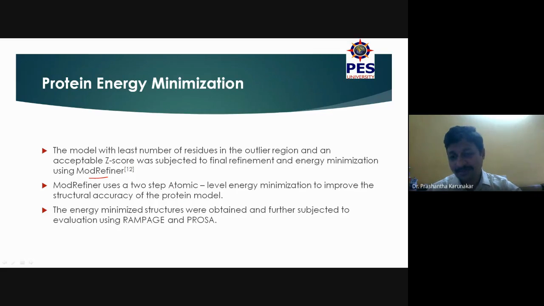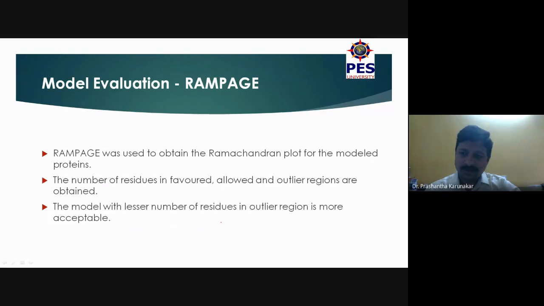This is additional information to know how exactly ModRefiner works. So it first looks at the structural accuracy and then optimizes the side chain. And we used Rampage and ProSA, different servers, to generate the Ramachandran plot and ProSA score.